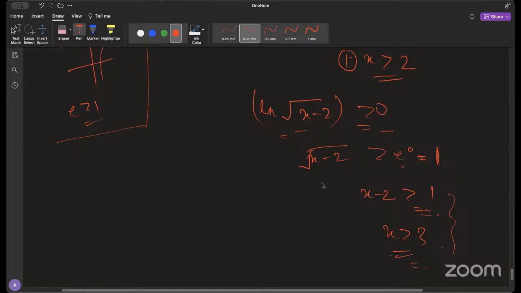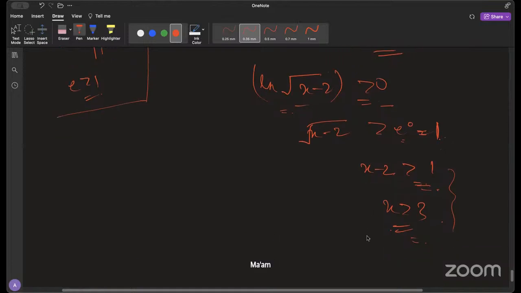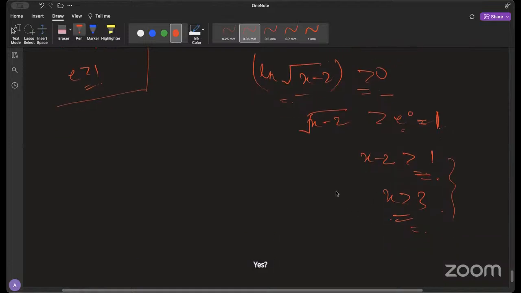Is it fine? How do we get this thing from this thing?